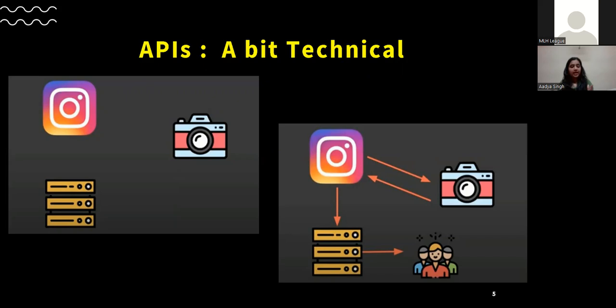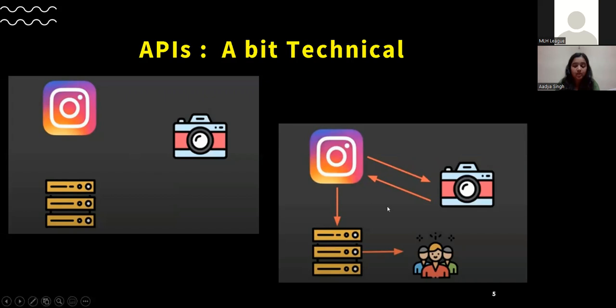You upload your picture here, and if you want to apply any filter, it will apply a filter to make it a better version of the original one, and then the app posts it on the server.